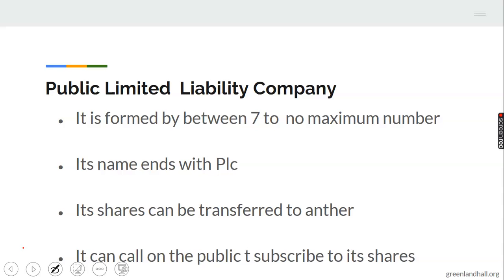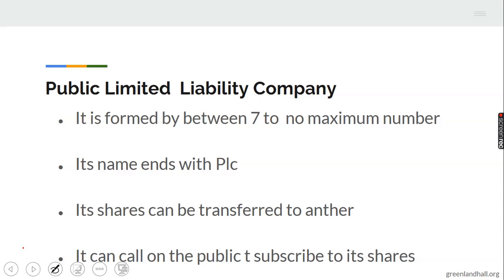That is, the number of people that can come together and form this type of company can range from 7, 7 being the least, and then there is no maximum number. So in other words, the owners could be as many as thousands, or even up to 1 million, depending on those that are ready to invest in that type of company. 2, its name ends with PLC, that is Public Limited Liability Company.